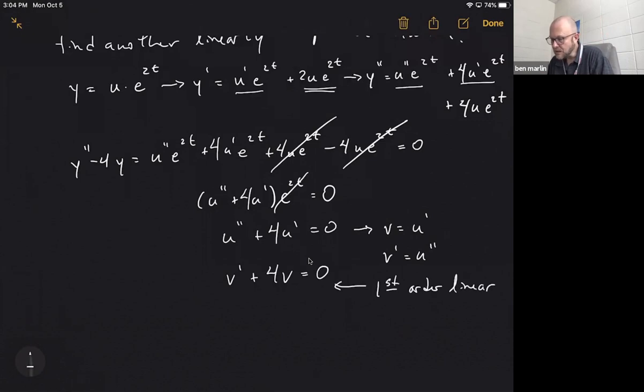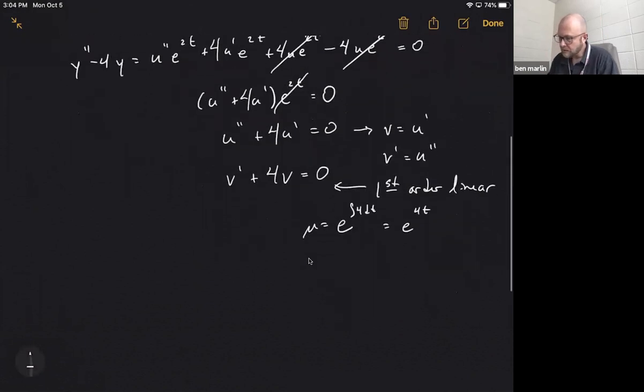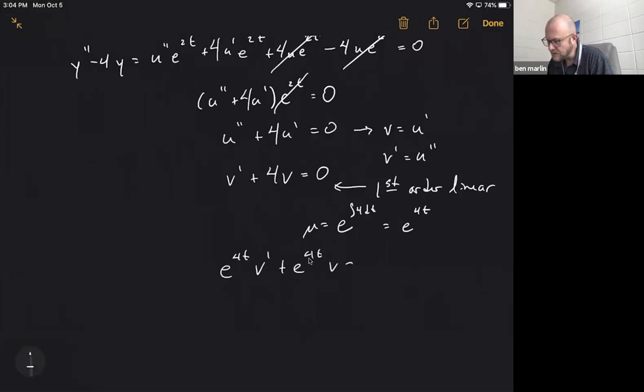And so we can simply say my mu is going to be e to the integral of 4 dt. Well, that's e to the 4t, right? Let me check on that and make sure. Yeah. So I've got e to the 4t v prime plus 4e to the 4t v equals 0.